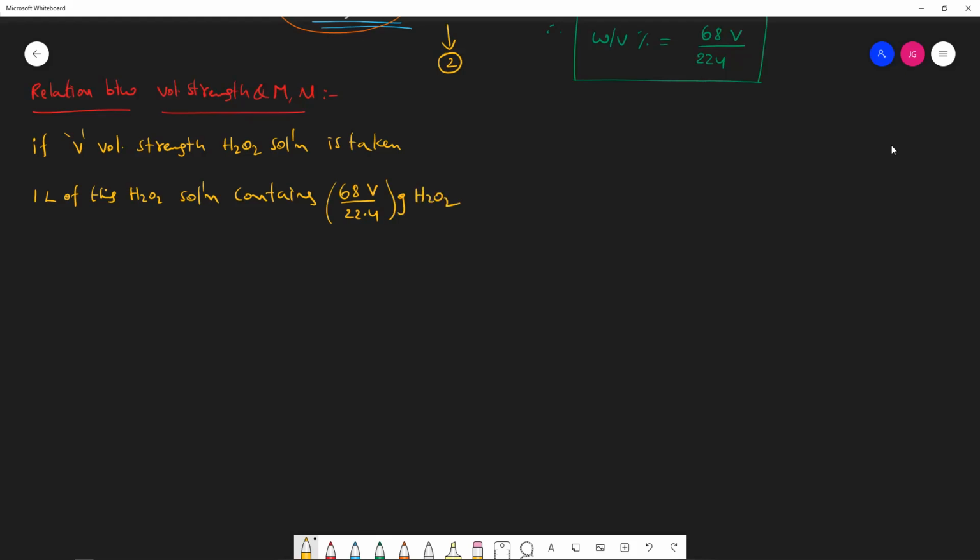This relation we already established from equations 1 and 2, where we consolidated this. So now I know the mass of H2O2 present in 1 liter.